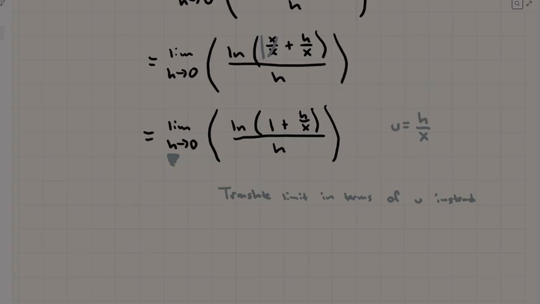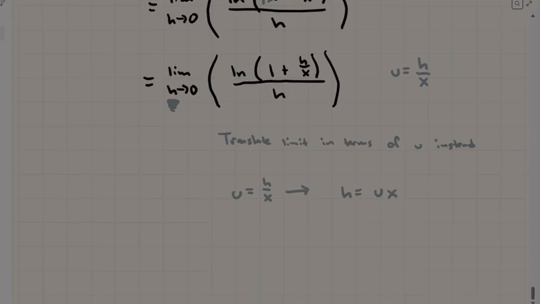If we want to substitute it out, we can use this expression here from u = h/x. h is equal to u times x. And then since x is not dependent on h, that means we can still substitute in u going to 0 without having to worry about anything like that.